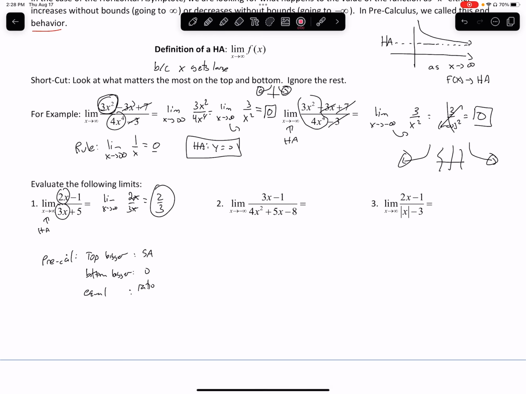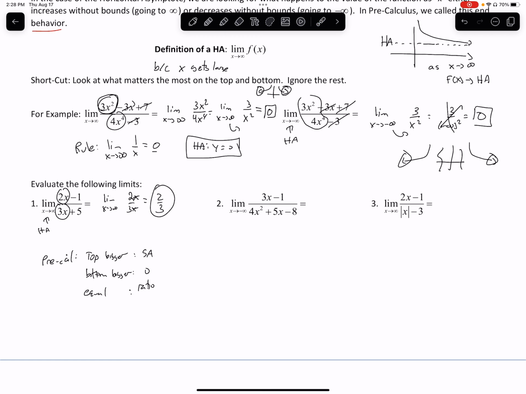And that's what we have here. The degree here is the same as the degree in here, so we get that ratio of 2/3. So you can even use those old pre-cal rules; they still work.